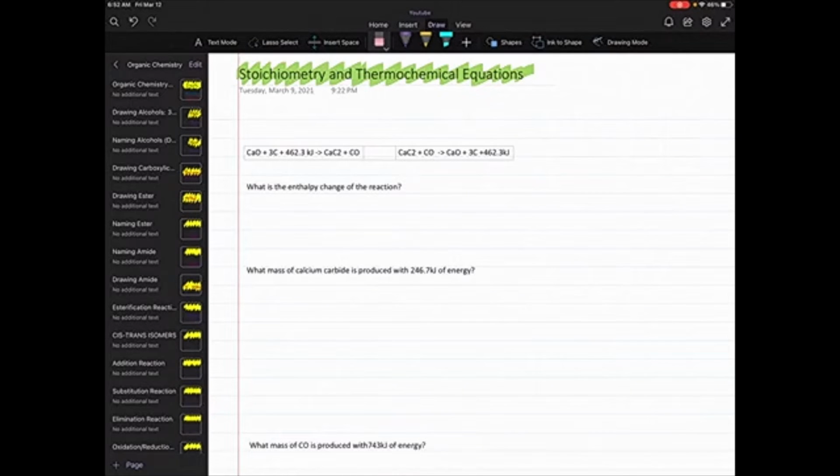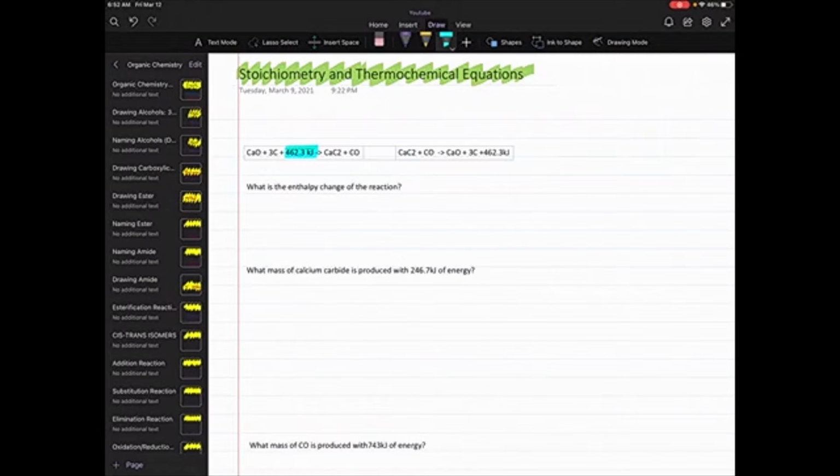If you observe this equation carefully, we see that the energy is written on the left-hand side of the equation, which means in this reaction, the energy is being absorbed. It is part of the reactant. So in this case, we have energy on the left, and therefore energy is required for this reaction to progress.